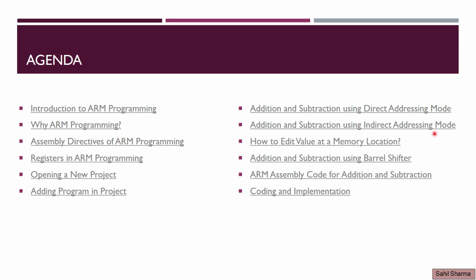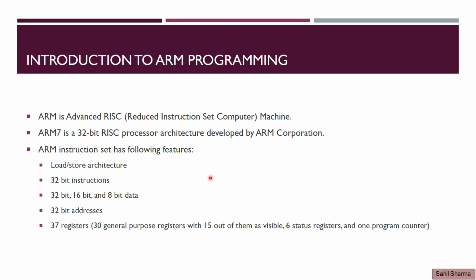During indirect addressing mode, we will need some values to be edited at some memory location. I will tell you how to do that. Then I will show you the whole code for addition and subtraction with all the methods included in it. Then we will do some coding and implementation part on the Keil Microvision software.